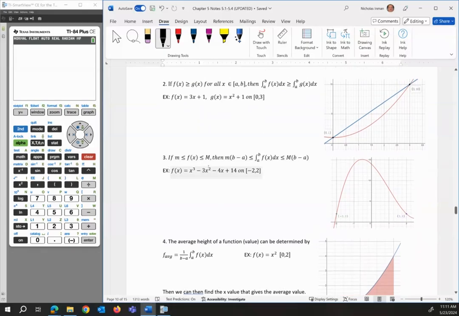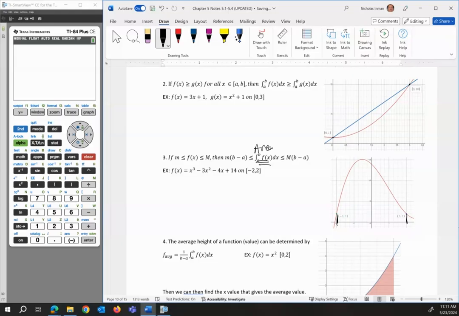Number 3. If you have a function, we can give a guess for what the area would be. I want the area under this thing, going from -2 to +2. What I can do is get an upper estimate and a lower estimate, and that's what this says. My area will be bigger than this and smaller than this.